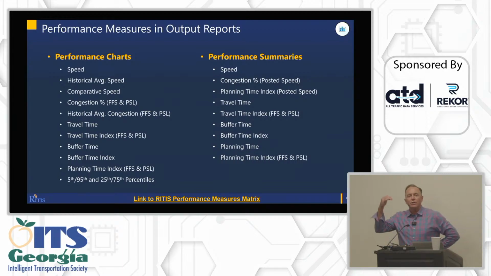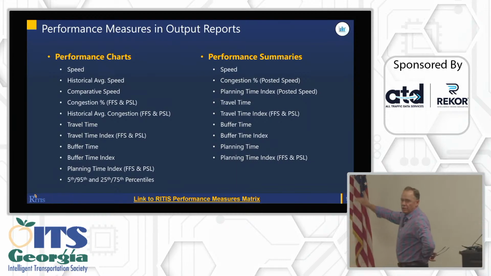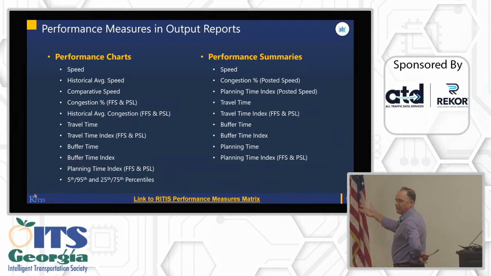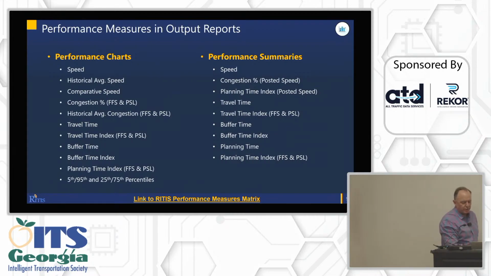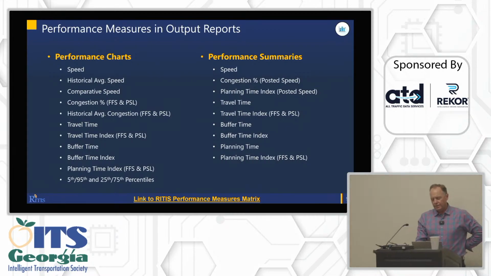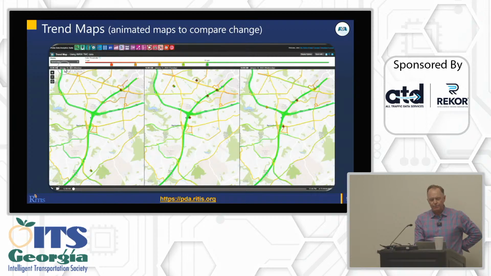In your slide deck, you're going to notice after each tool, I'm going to include the performance measures that are available in the output report. Okay? So for performance charts, those are all the different performance measures that you can derive and use for that data visualization. And then performance summaries, we'll talk about those in a little bit. It's just a summary version of that.